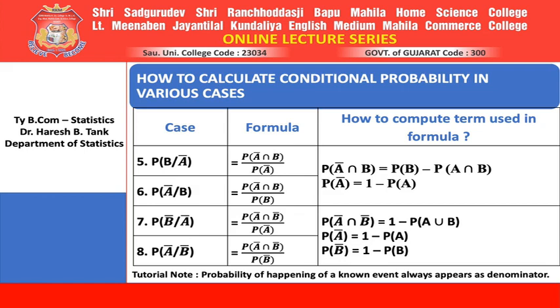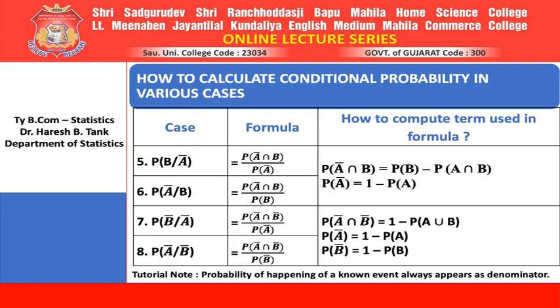Probability of A complement intersection B complement divided by probability of B complement. Now in this case one may need probability of A complement intersection B complement. How can one get it? It is nothing but 1 minus probability of A union B. Probability of A complement can be found as 1 minus probability of A. Probability of B complement can be found as 1 minus probability of B.